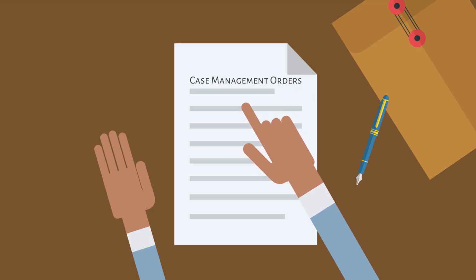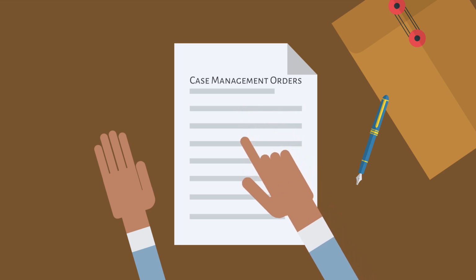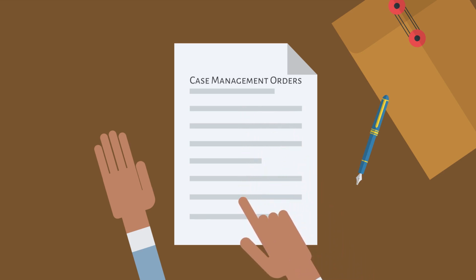In doing so, it's important to remember to follow the case management orders so that your disclosures of the expert and their underlying data are on time. If not, you may face objections to either the report being admitted into evidence or potentially the testimony itself being excluded from evidence.